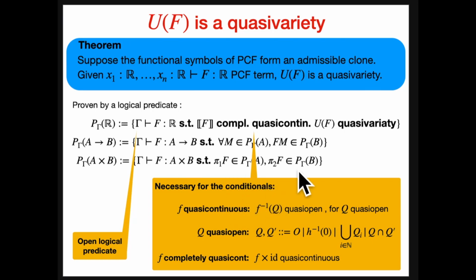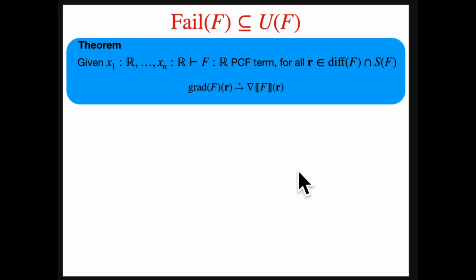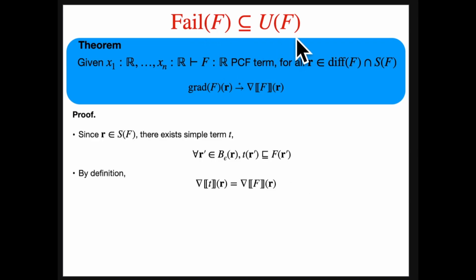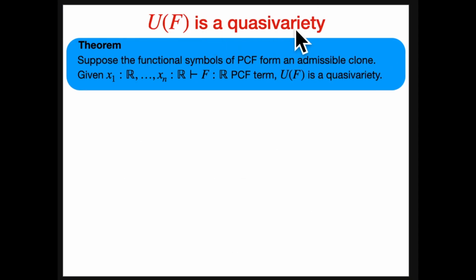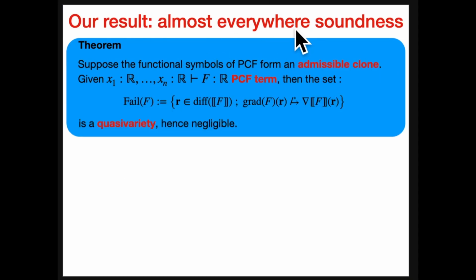And with these two statements, so fail is contained in the set of unstable points, and the set of unstable points is a quasi-variety, we can conclude with our main result, which is the almost everywhere soundness of AD for PCF.